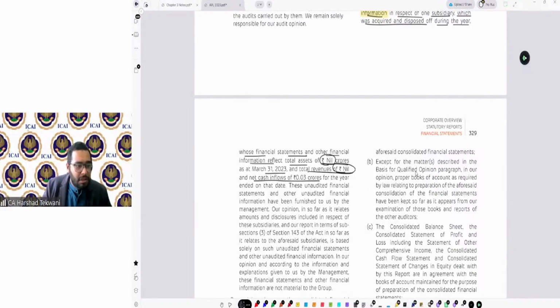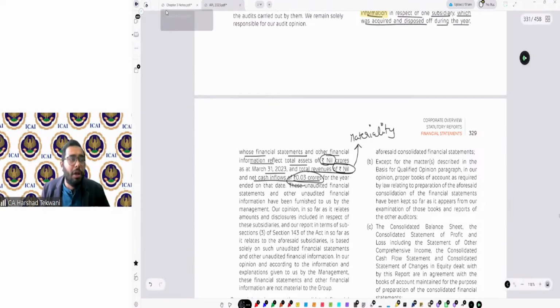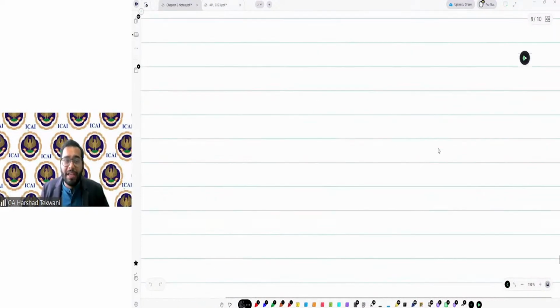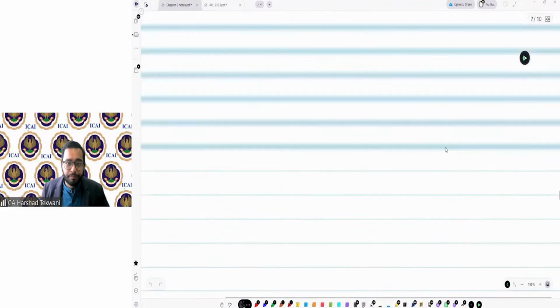This shows the materiality. Okay, materiality means if that is not material, I may not require audited financial statement or audit report of another auditor to include the financial information in my number.